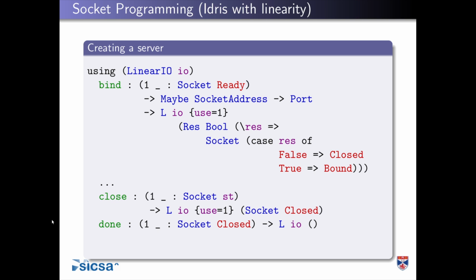So what's happened here is we've done a linear version of the sockets API where, in addition to just saying it's a socket, we're explicitly saying what state it's in. We're encoding the state transitions as part of the type. So we've got some idea not only of what these operations do, but when we're allowed to run them.